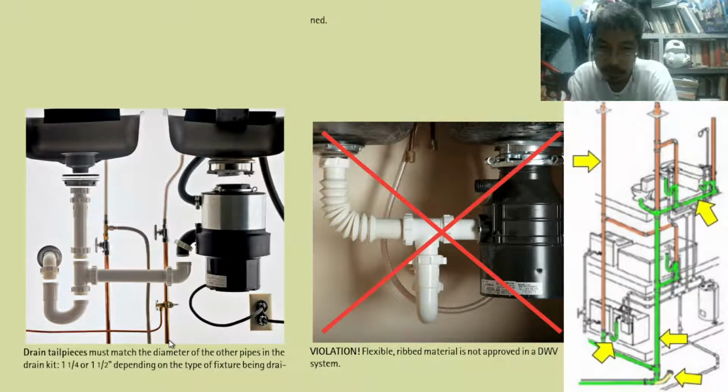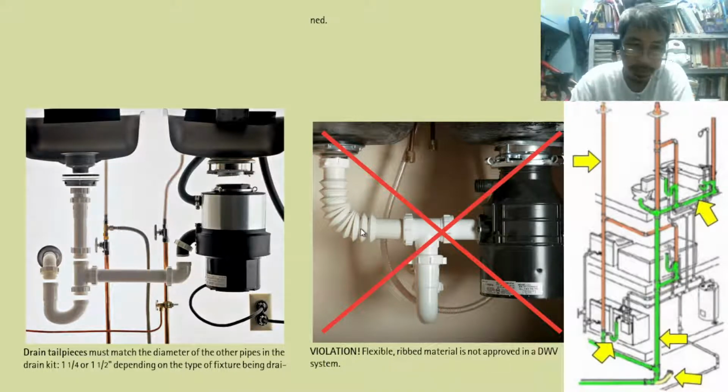For most common fixture, that is 1 and 1/2. Violation: flexible rib material is not approved in drain waste vent system. Using this type of material is not approved. It will add to the risk of clogging.